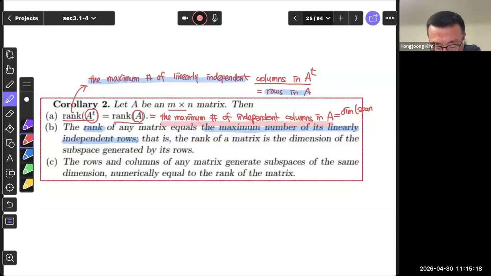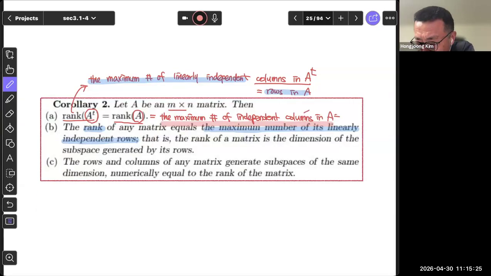So I need more space. So this will be the dimension of span of columns in A matrix, right?